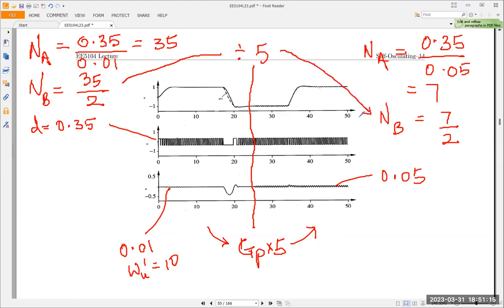So NV will compensate for this, and you get the same old gain margin of 2. So this one and this one, the step response is a gain margin of 2 type of step response.